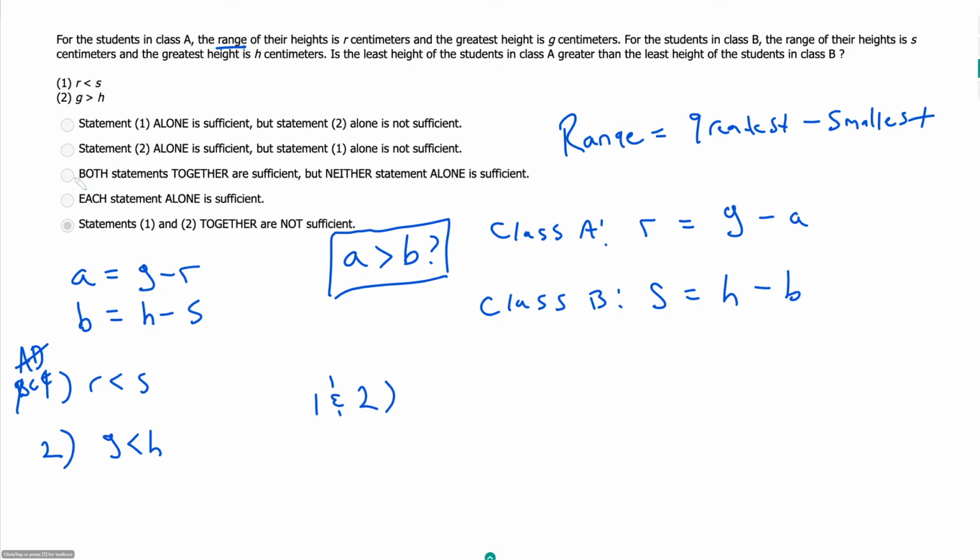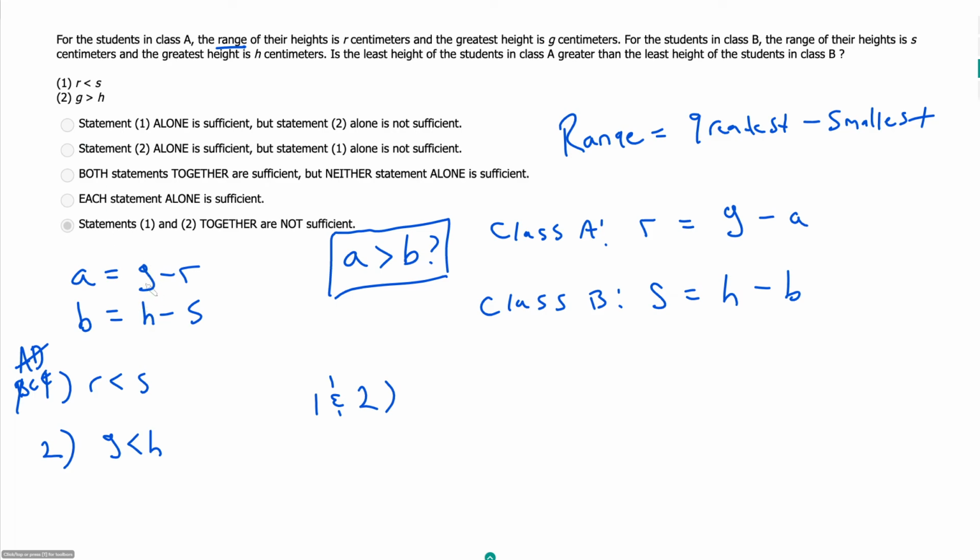So now we just got to think about this a little bit. Statement 1 says r is less than s. Statement 2 says g is greater than h. So let's sort of start with the second statement here. If we're looking at each of our values, a and b, a starts off with the greater value, right? Because g is greater than h.